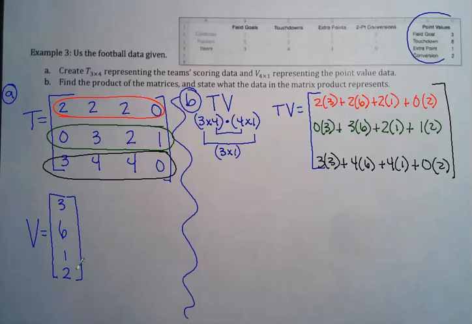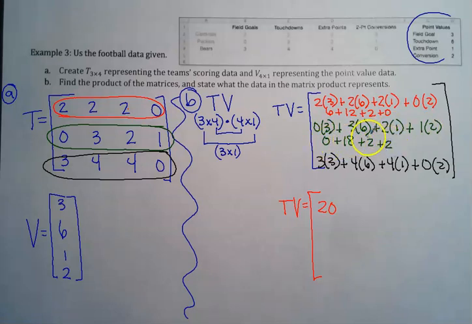Okay, so let's do the math. So TV is going to equal 2 times 3 is 6, plus 2 times 6 is 12, plus 2 times 1 is 2, plus 0 times 2 is 0. So 6 plus 12 is 18, plus 2 is 20. Let's go to the next row. 0 times 3 is 0, plus 3 times 6 is 18, plus 2 times 1 is 2, plus 1 times 2 is 2.